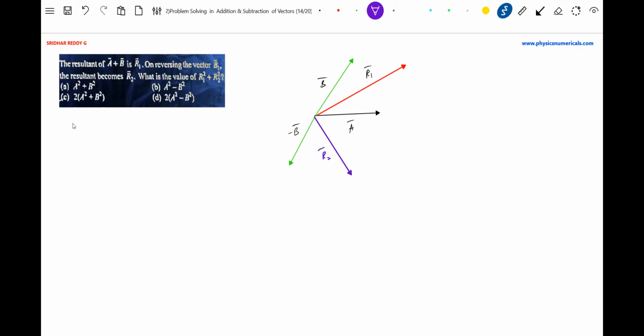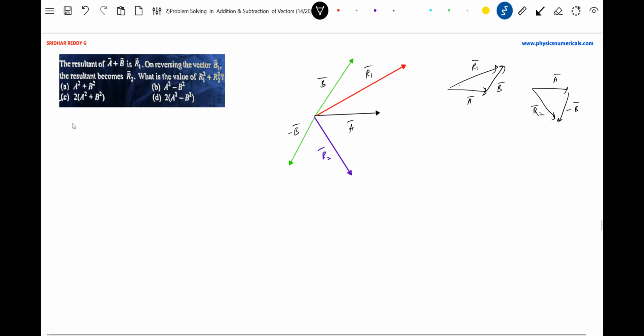So what is R1 bar? If you draw the vector, it'll be like this. A bar plus B bar is R1 bar. Then A bar minus B bar is R2 bar.